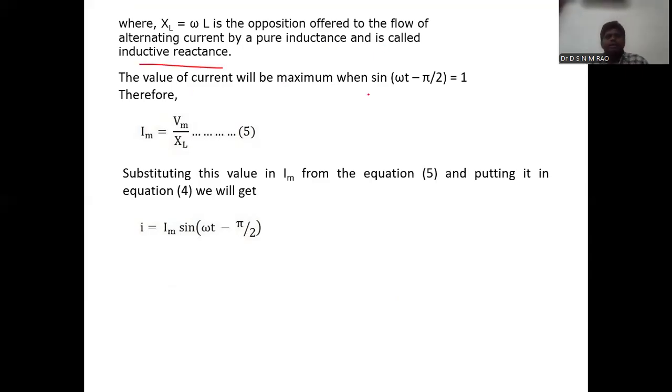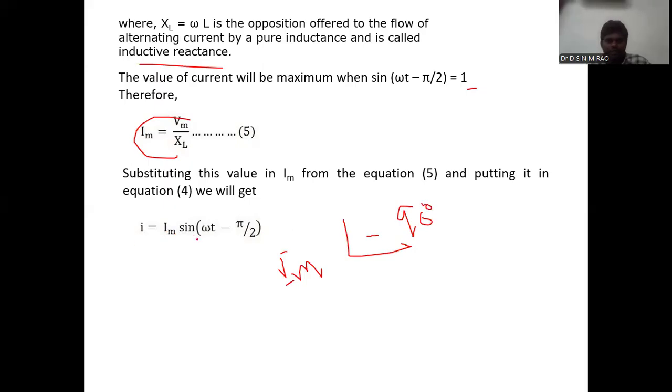The value of current is maximum when sin of omega t minus pi by 2 equals 1. So Im is taken as Vm by XL, substituting in the previous equation. So i equals Im sin of omega t minus pi by 2, which can also be written as Im at an angle of minus 90 degrees.